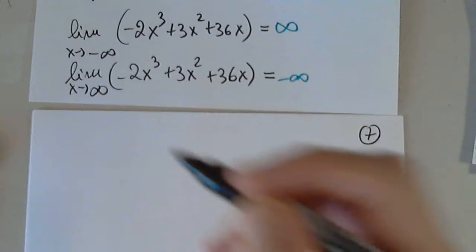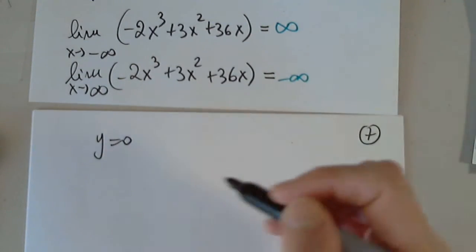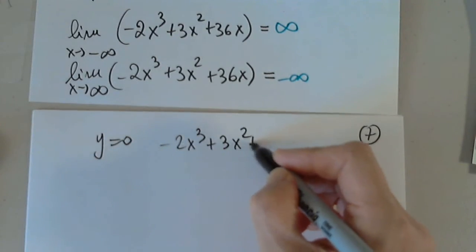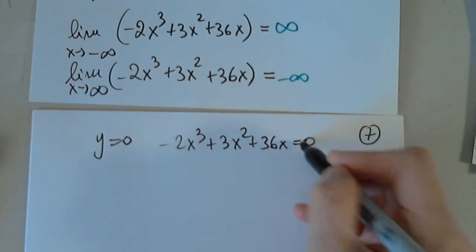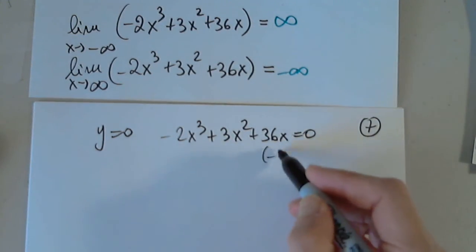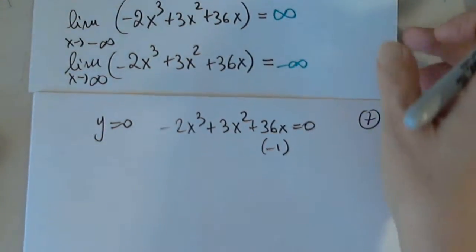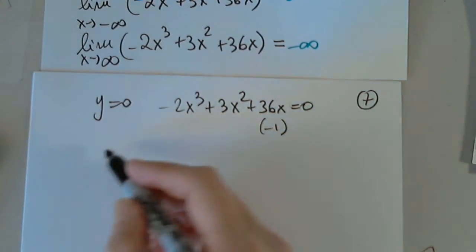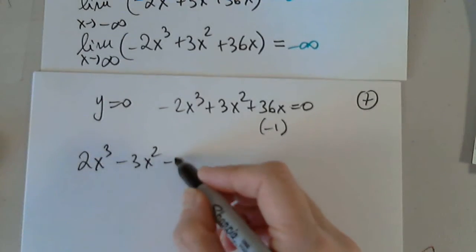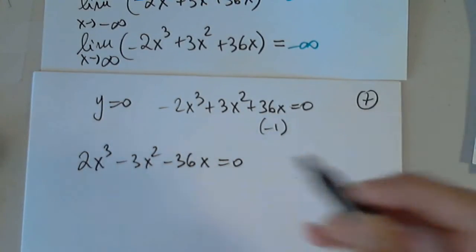Let's find the x-intercepts. When y equals 0, negative 2x cubed plus 3x squared plus 36x equals 0. And yes, I will multiply both sides by negative 1. I refuse to solve anything that has a negative leading coefficient. So 2x cubed minus 3x squared minus 36x equals 0.